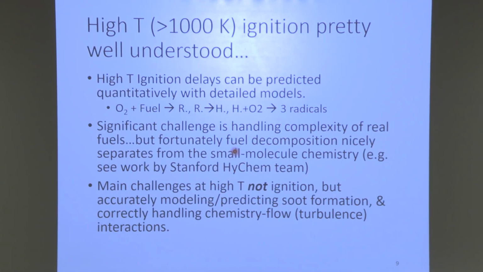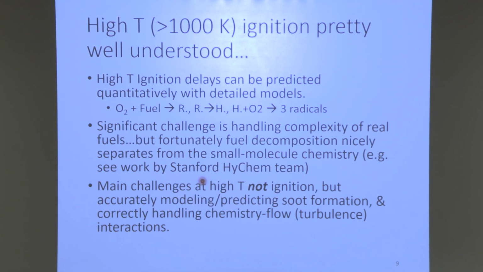All right, so we have the rough idea of what's happening. At high temperature, because all the big radicals just fall apart, it's actually a huge simplification. So you can even do very complicated fuels like real jet fuels.